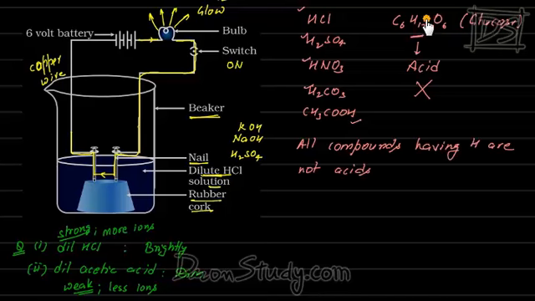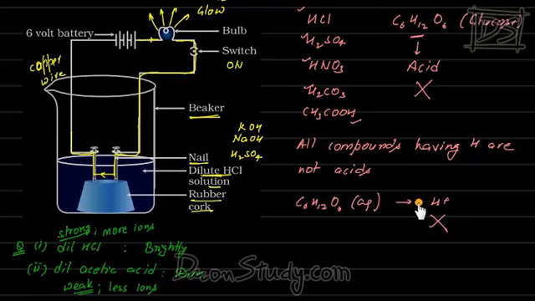Like this glucose. This is not an acid because, students, when we dissolve this in water, this does not produce hydrogen ions. All these other compounds are acids because when we dissolve them in water, they produce hydrogen ions.